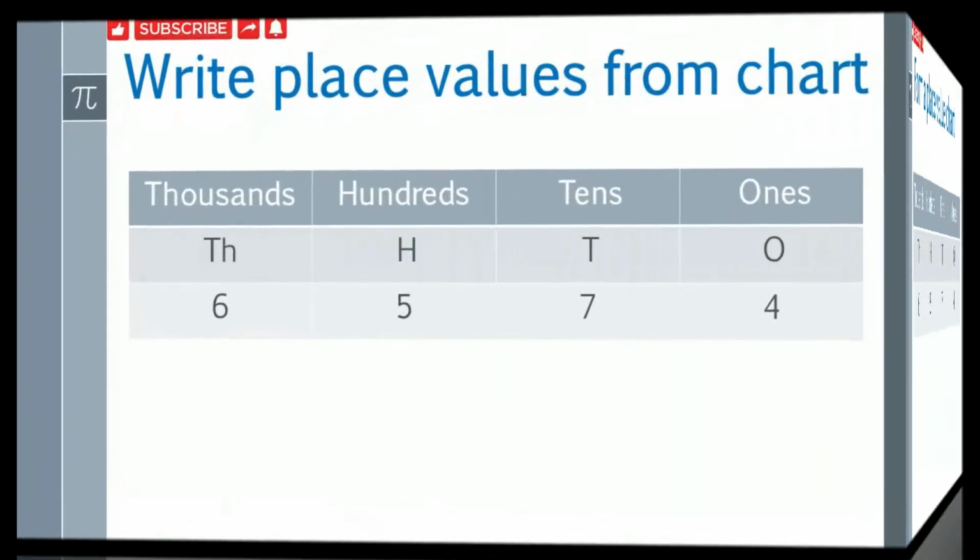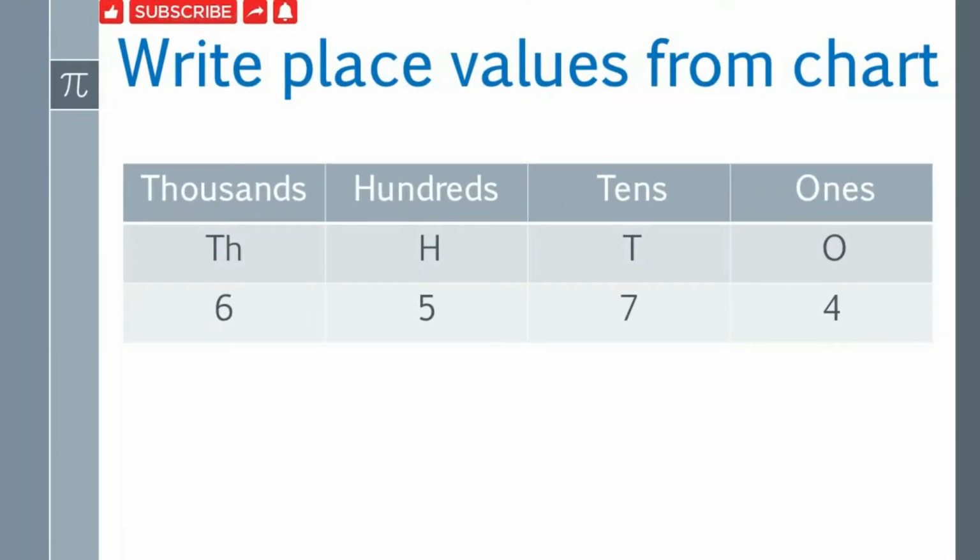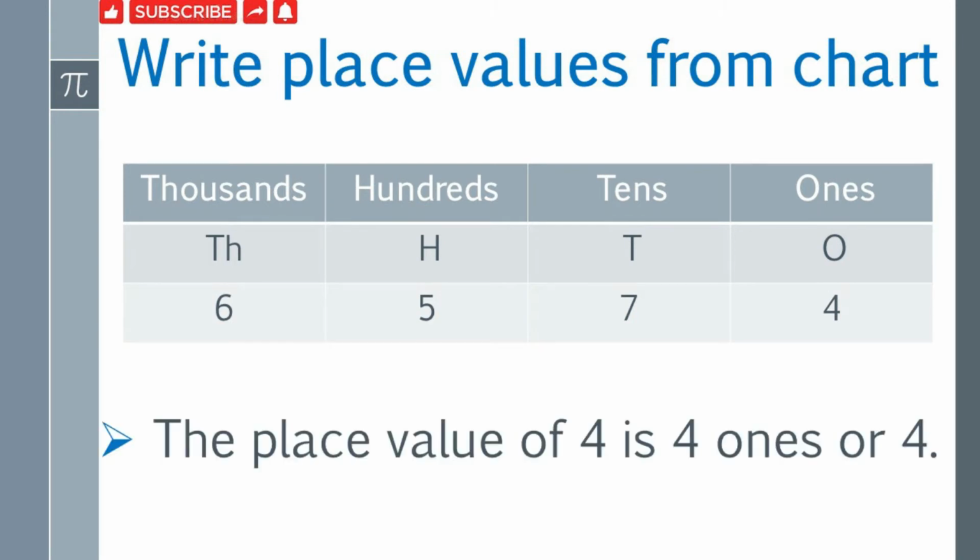Now children, our next topic is how to write place value from a given chart. We have an example of 6574 and we want to know the place value of each digit. Since the digit 4 is at ones place, the place value of 4 is 4 ones or 4.